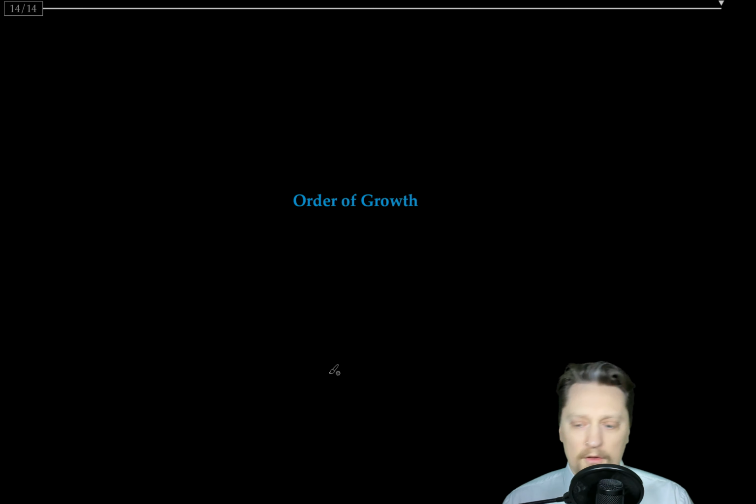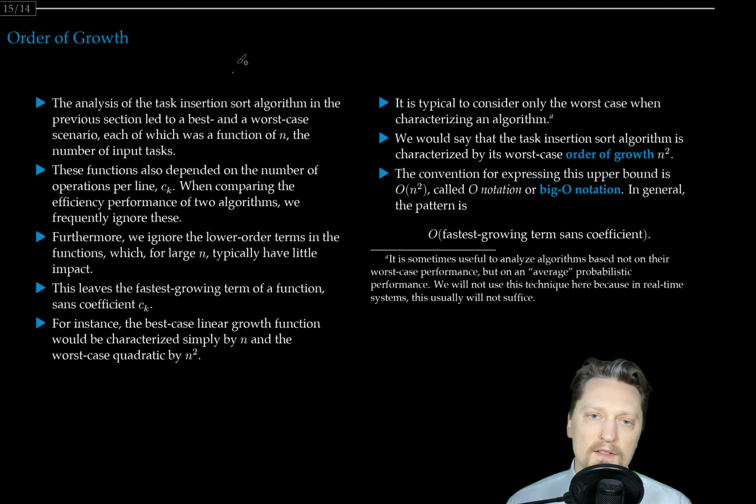Order of growth. The analysis of the task insertion sort algorithm in the previous section led to a best and worst case scenario, each of which was a function of n, the number of input tasks. These functions also depended on the number of operations per line, ck. When comparing the efficiency performance of the two algorithms, we frequently ignore these.